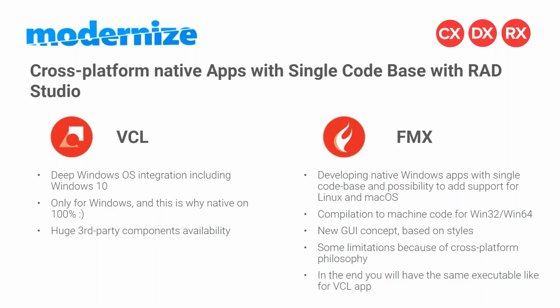I think it's very interesting, and you can even try and check FMX samples from the GetIt Package Manager and check how it works. Like each cross-platform technology, of course, it has some limitations.